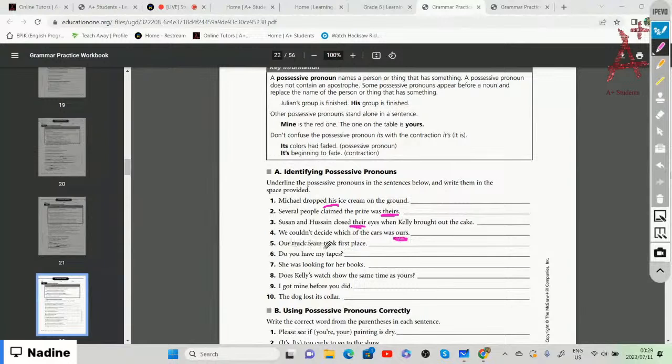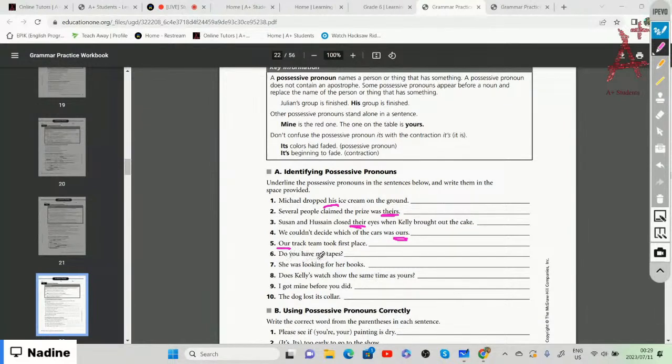Ours took first place. And remember, this is a possessive pronoun that's standing on its own. It's not replacing someone's name, it's just standing on its own.